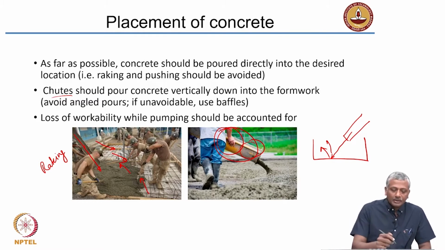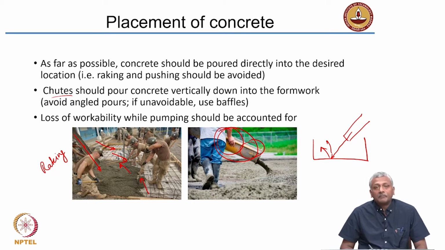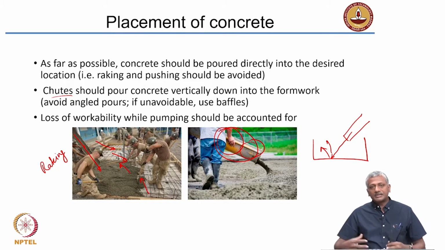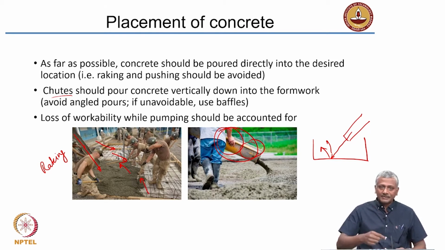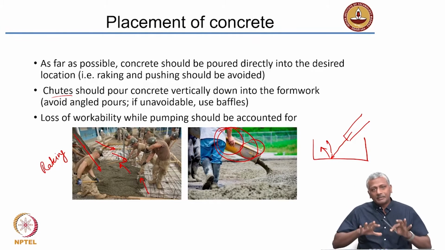Loss of workability may happen while pumping. Pumping is something we are not talking about in much detail here, but imagine the scenario of a high-rise building. You have a concrete truck that reaches the bottom of this building, and you are on the 15th floor, for instance. You have created a pipe system that carries the concrete from the ground floor to the 15th floor by applying pressure.